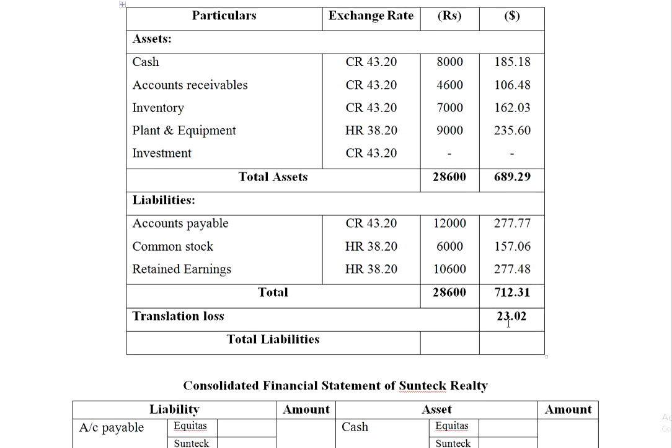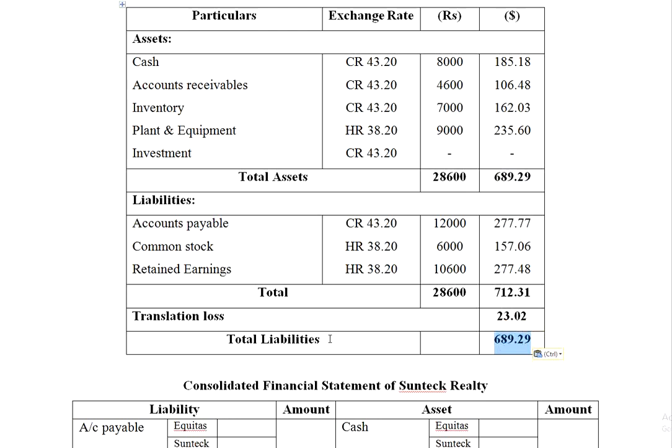If you deduct this 23.02 from this 712, you are going to get this value, that is 689.29, right? So this 689.29 and 689.29 are going to be tallied.